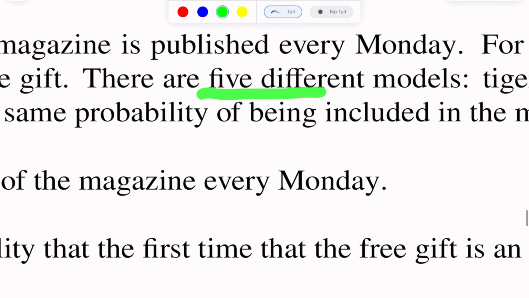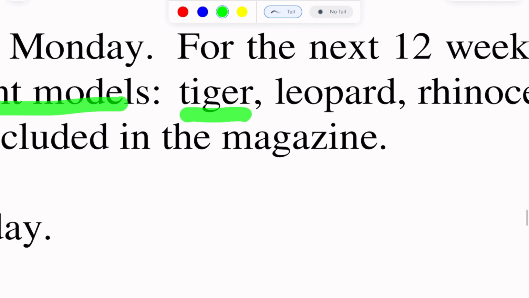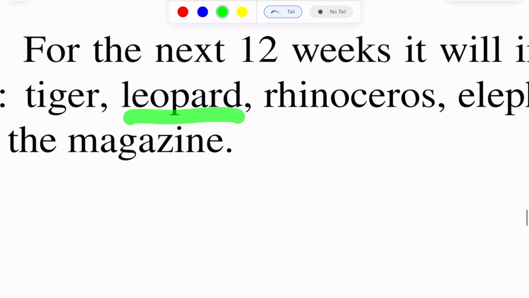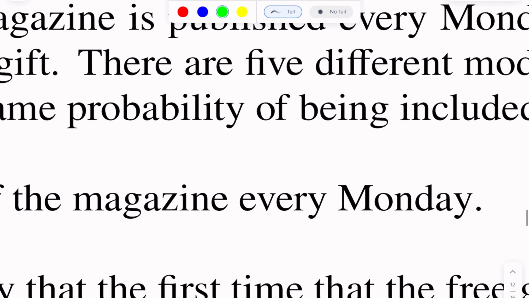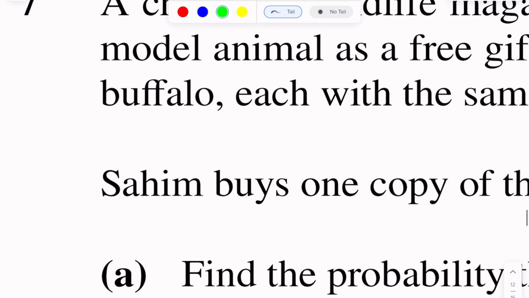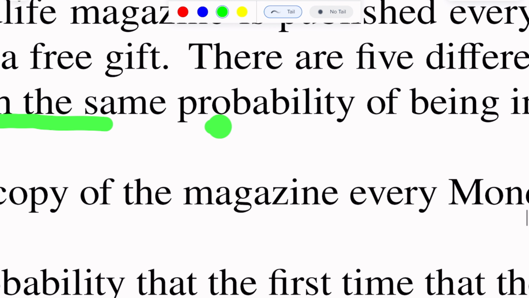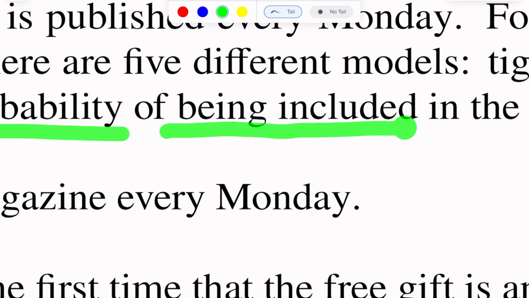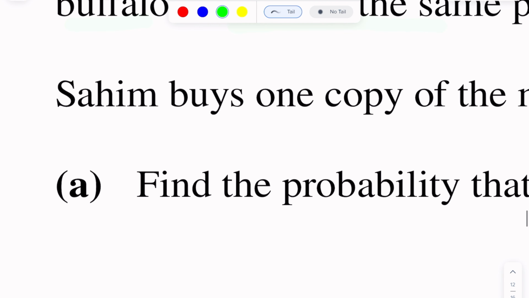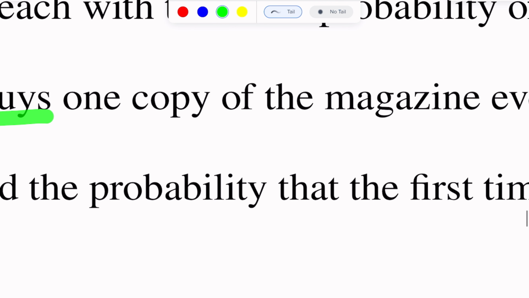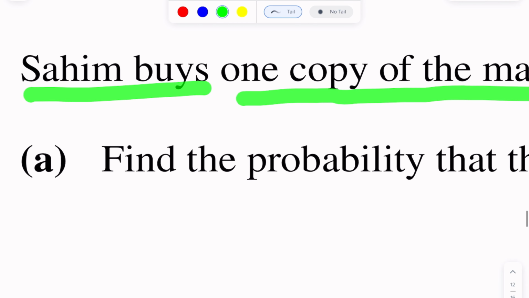There are 5 different models: tiger, leopard, rhinoceros, elephant, and buffalo, each with the same probability of being included in the magazine. Sahim buys one copy of the magazine every Monday.